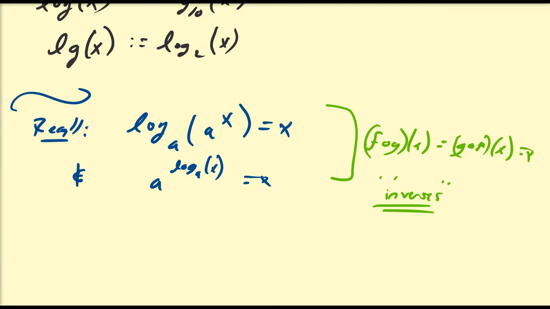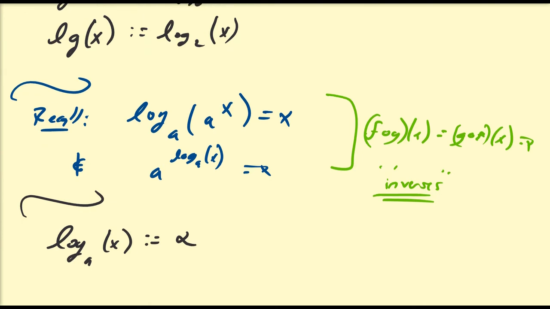So now let us see if we can derive another property that can sort of relate different logarithms with different bases, right? So I'm going to define log base a of x, I'm going to call this alpha. And let's consider log base a of y, and I'm going to call this beta, right?